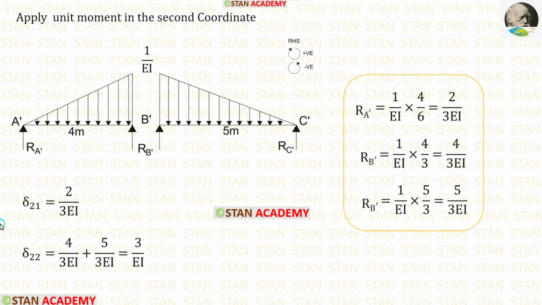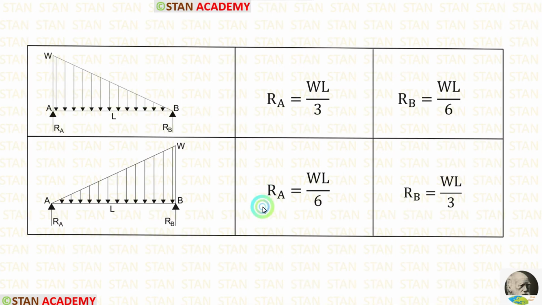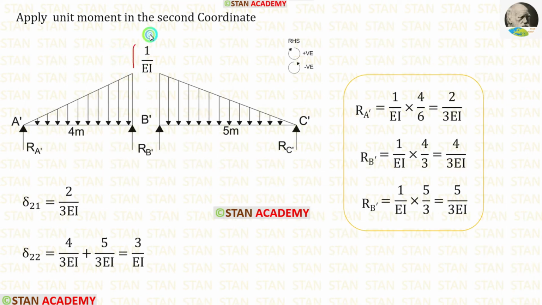Now, using the formulas, let us make the second row in the flexibility matrix. First, let us calculate the reactions in the beam A dash B dash. The formulas are WL upon 6 and WL upon 3. Here, W is 1 upon EI, L is 4.